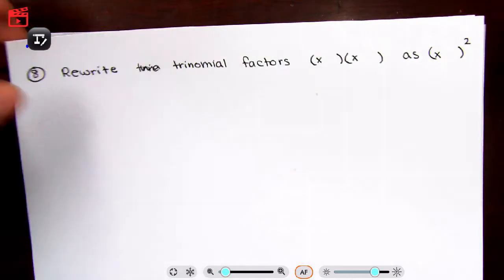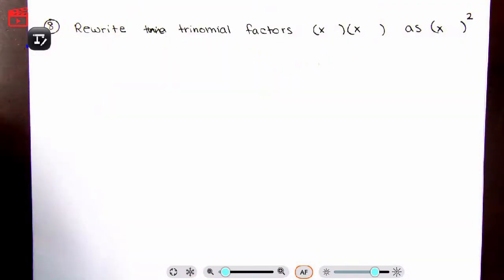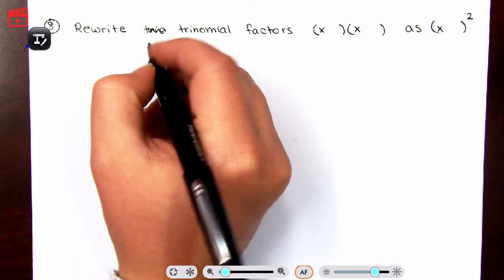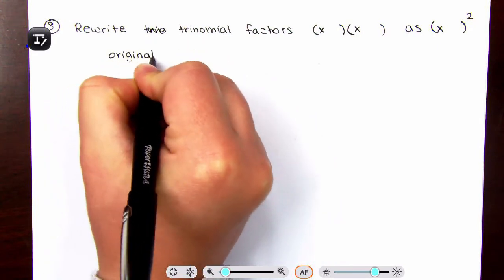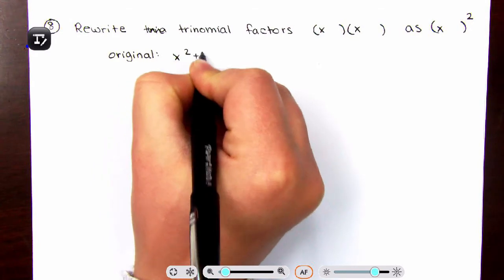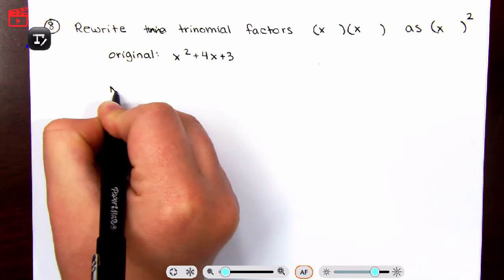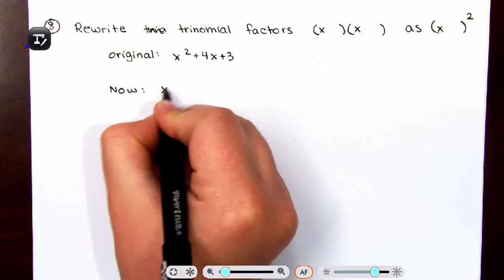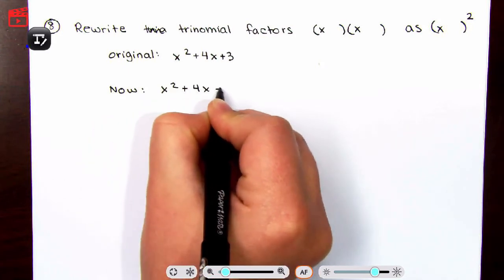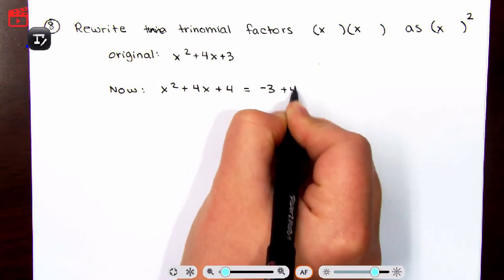In our case, let me take a look at what our equation here was. We had the original equation as x squared plus 4x plus 3. Then after completing the square, now we have x squared plus 4x plus 4 equal to negative 3 plus 4.